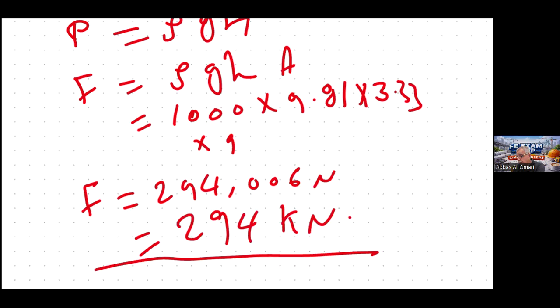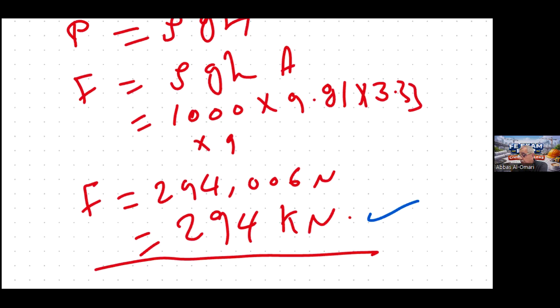This is a very common type of problem in the FE exam. Maybe for this type of problem, it is better to have the formula for the centroid of the trapezoid, if the shape of the gate, for example, is not a rectangle. It is not really difficult, but it takes time to calculate the Y bar, so it's better to have the formula for the centroid.